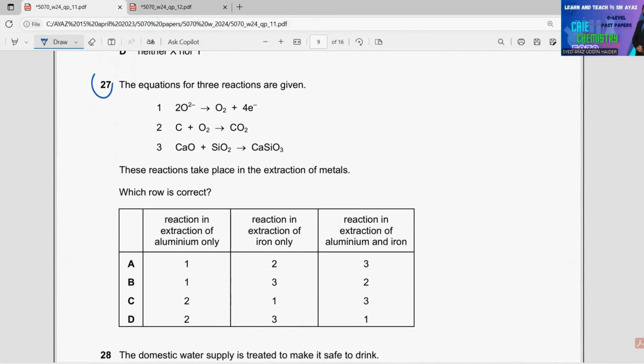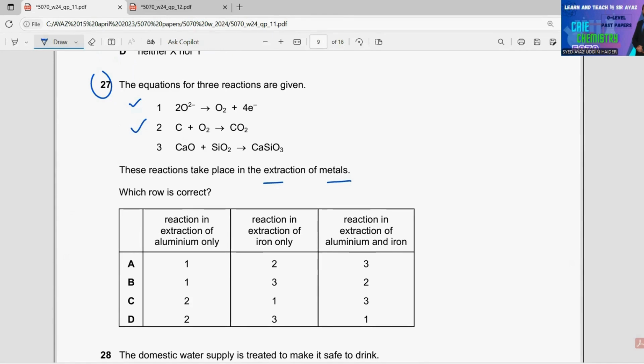27. Equations for 3 reactions are given. We have 3 different reactions. These reactions take place in the extraction of metals. Which row is correct? Now, reaction in extraction of aluminum only. We have 1, 2. Both are happening in the extraction of aluminum only.